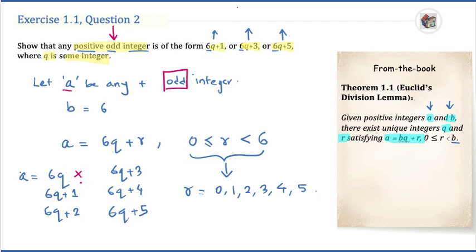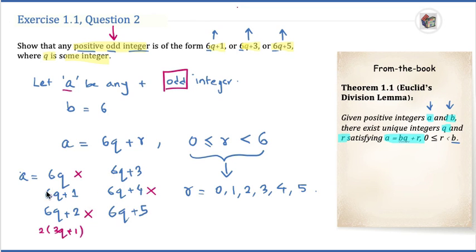It is divisible by 2. I can just write this as 2 times 3q. Similarly, 6q plus 2 is also even. Why? Because I can write it as 2 times (3q plus 1). So this is divisible by 2, so this is also out. Similarly, 6q plus 4 is also out because I can write this as 2 times (3q plus 2).